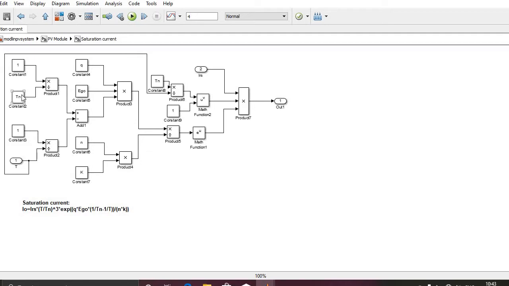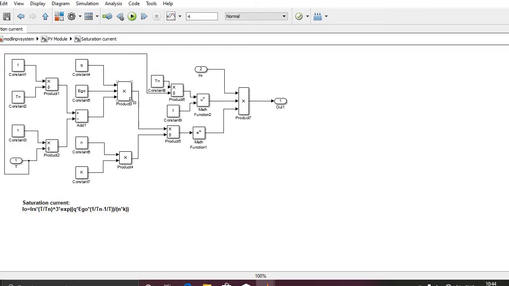First we take 1 divided by Tn, and 1 divided by T with a minus sign, so this is 1 by Tn minus 1 by T, into q EGO, then divided by Nk.